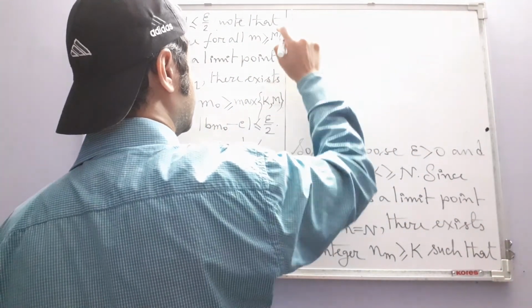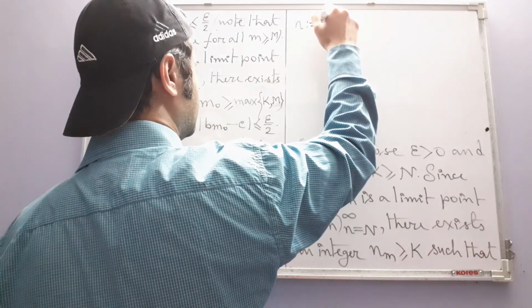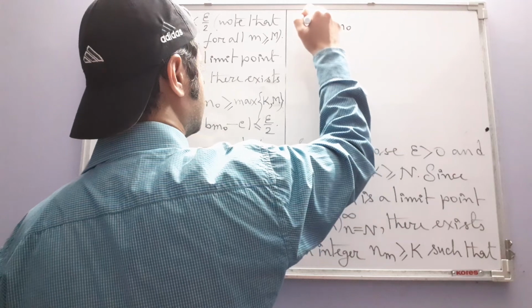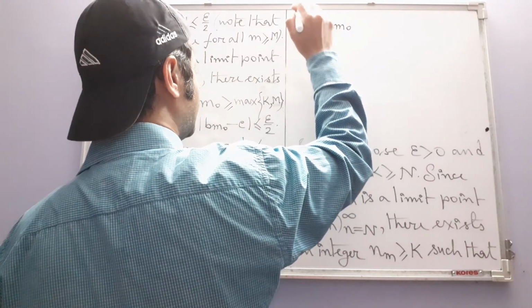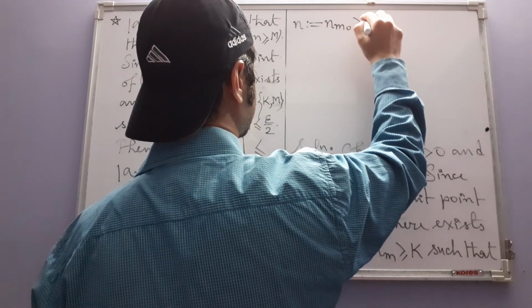We have found an integer n equal to n m naught. So we are talking about n m naught, but we are calling it n for simplicity.